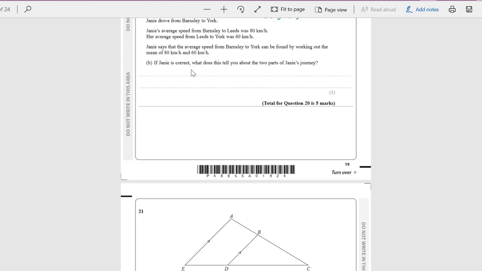So if Janie is correct, what does this tell you about the two parts of Janie's journey? So that means that if she's correct, the time must be the same. Okay.